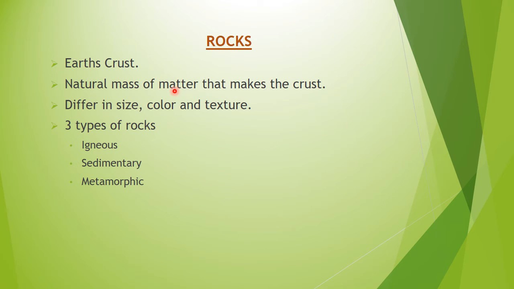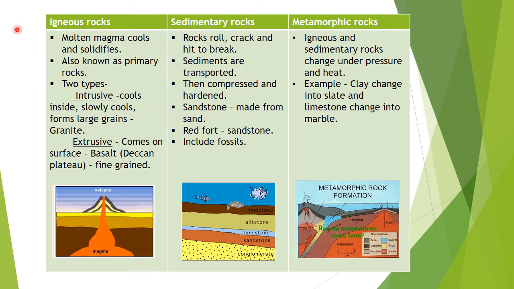Next, rocks. Rocks mainly form the earth's crust, natural masses of matter that make the crust, differing in size, color and texture. 3 types of rocks that we have to know about: igneous, sedimentary and metamorphic. At first, igneous rock. When molten magma comes through a narrow path inside the earth and reaches the surface of the earth, it cools and solidifies.